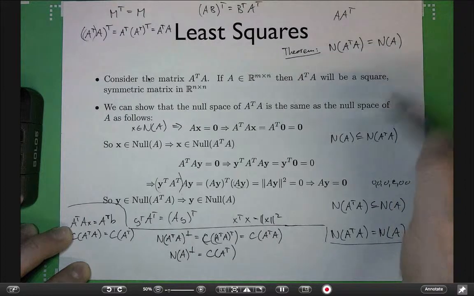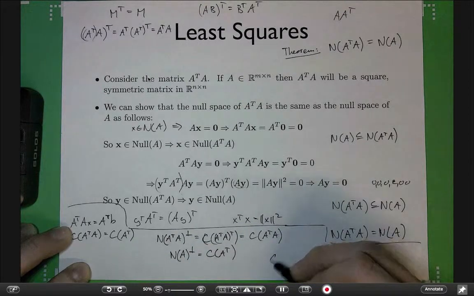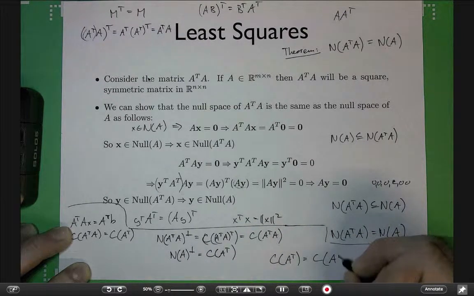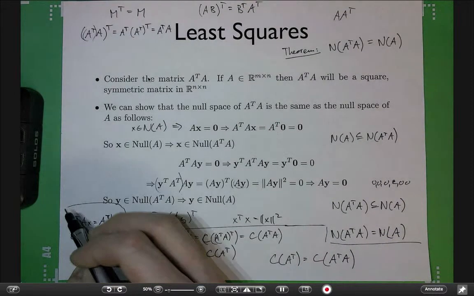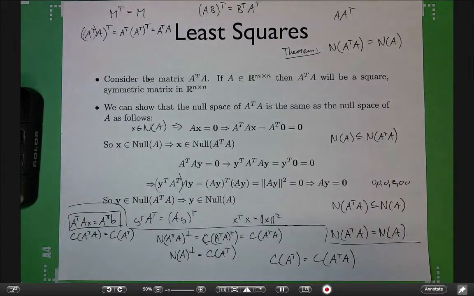So this is a corollary of that. Because the null spaces are the same, obviously their orthogonal complements also have to be the same, which means that C(Aᵀ) is the same subspace as C(AᵀA). And that proves that this system always has at least one solution.